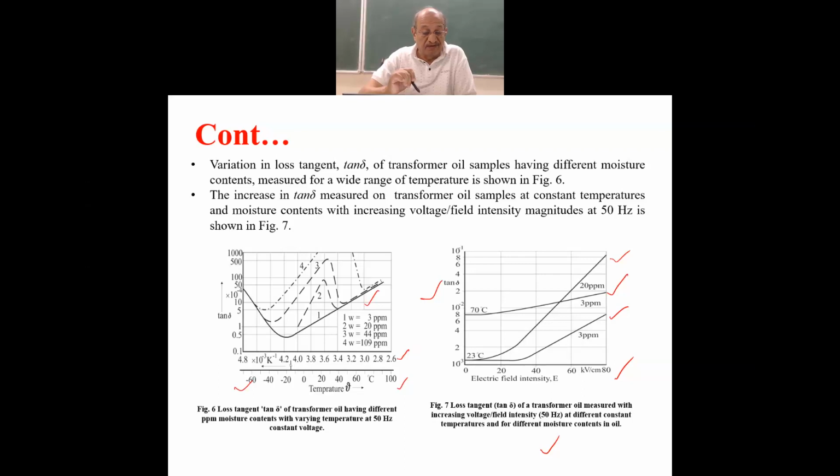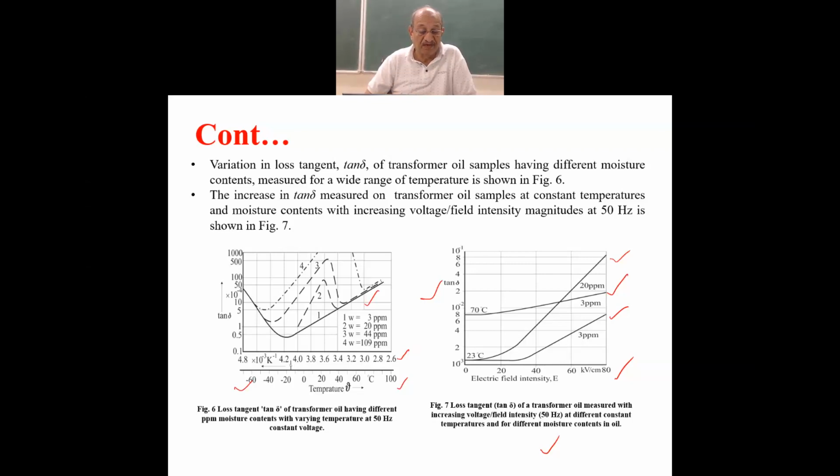The effect of temperature for different moisture ingress. So when the moisture is minimum, that is 3 ppm, you have the lowest curve, that is lowest values of the dielectric loss tangent, and that means minimum losses will be there for lower moisture ingress.